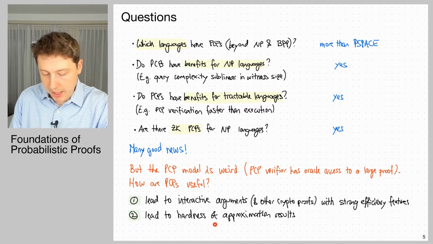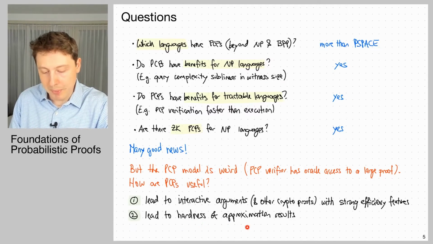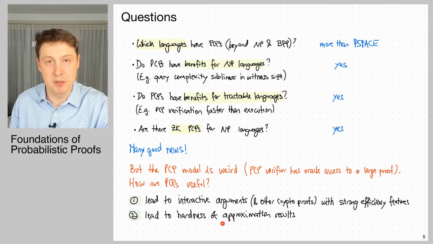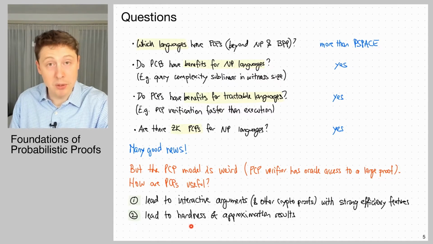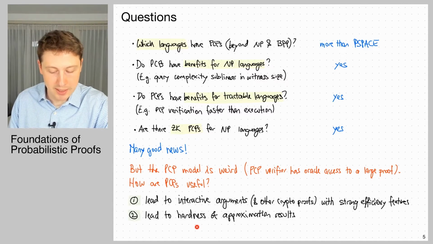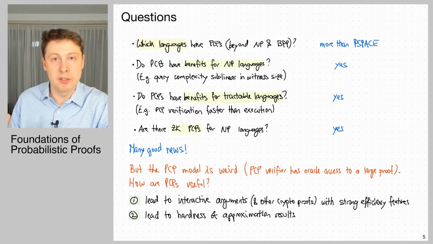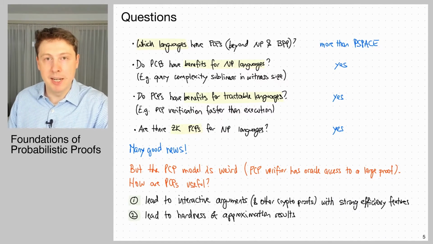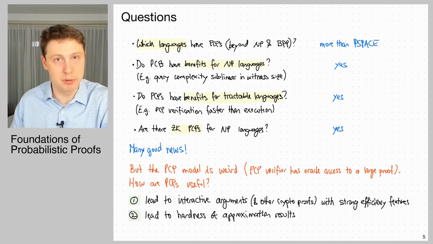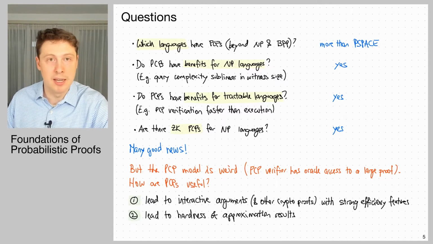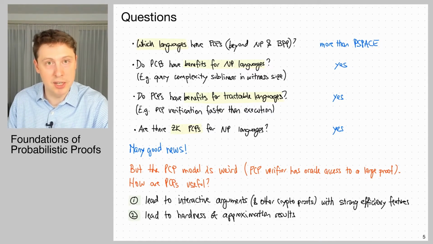And also something that we will not be visiting much in this course, but there's an enormous literature on, is that PCPs on their own, without cryptography, actually lead to hardness of approximation results. So proving that certain problems are not just NP-hard to solve exactly, but NP-hard to approximate up to some approximation factor. And the study of this approximation factor hinges on constructions of good PCPs.